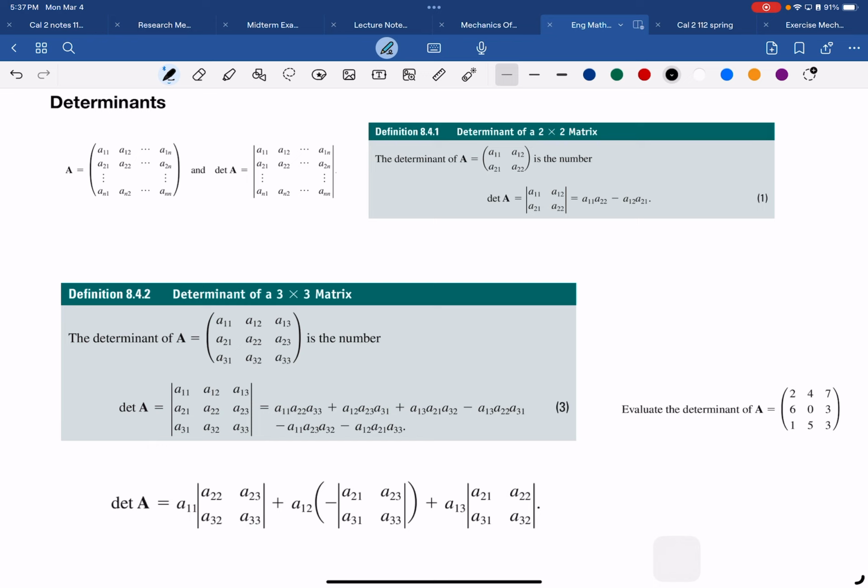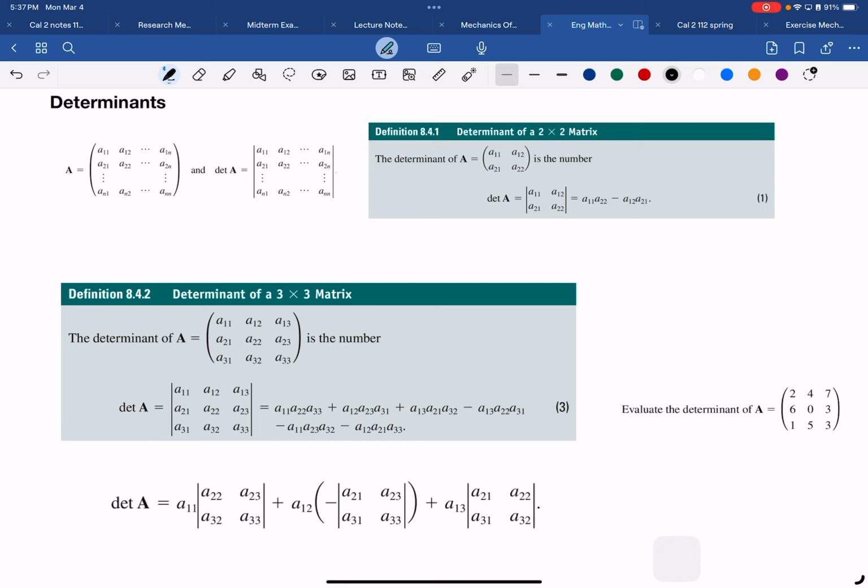Basically, how we deal with this is, if we start with A11, it means we cover this row and cover this column. So we have this determinant: A22, A23, A32, A33. We multiply. Then for A12, we have A21, A23, A31, A33.